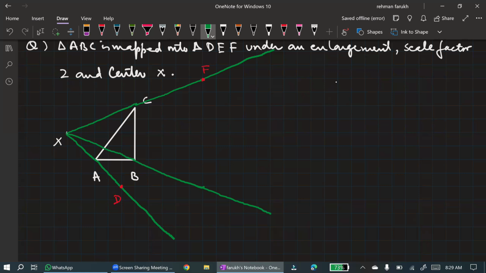Let this distance XB is 8. We will multiply this distance with 2 and mark a point at a distance of 16 units from X on this line. This one is the point E.